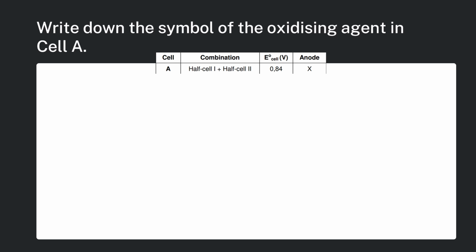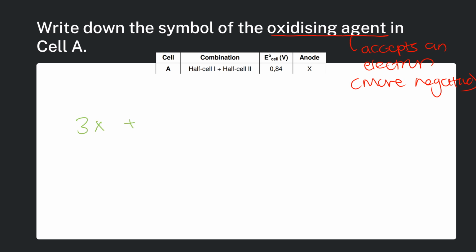Write down the symbol of the oxidizing agent. The oxidizing agent is the one that accepts an electron. It takes an electron from someone and becomes more negative. Remember our full net ionic reaction: 3X plus 2Y3+ becoming 3X2+ plus 2Y.